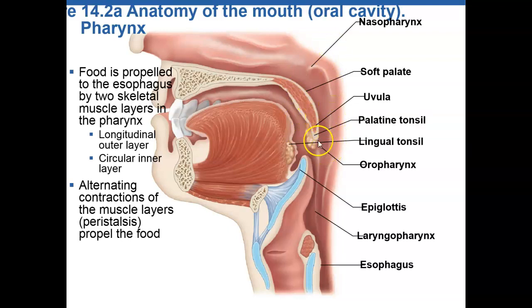Food goes into the oropharynx, and then it goes down through the laryngopharynx and into the esophagus. As the food comes down, it pushes the epiglottis closed. We have 2 layers of skeletal muscle in the pharynx that help to move food through peristaltic waves into our esophagus.